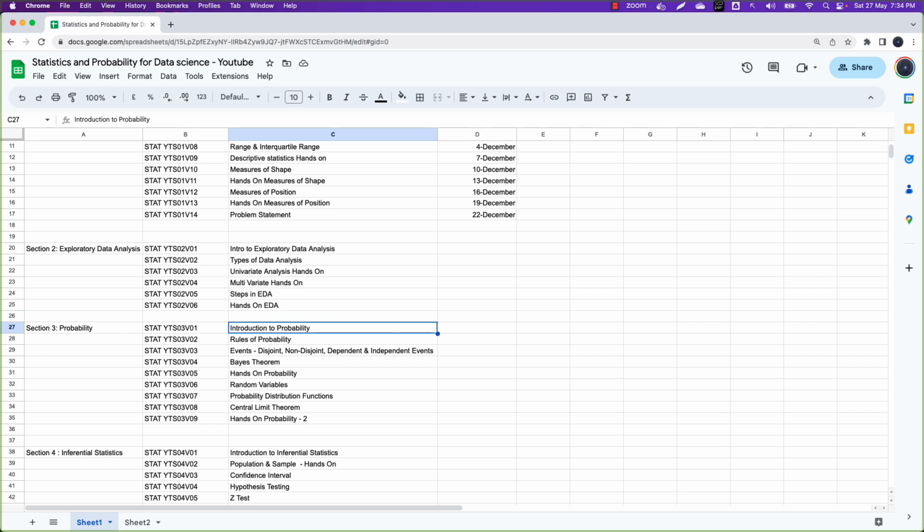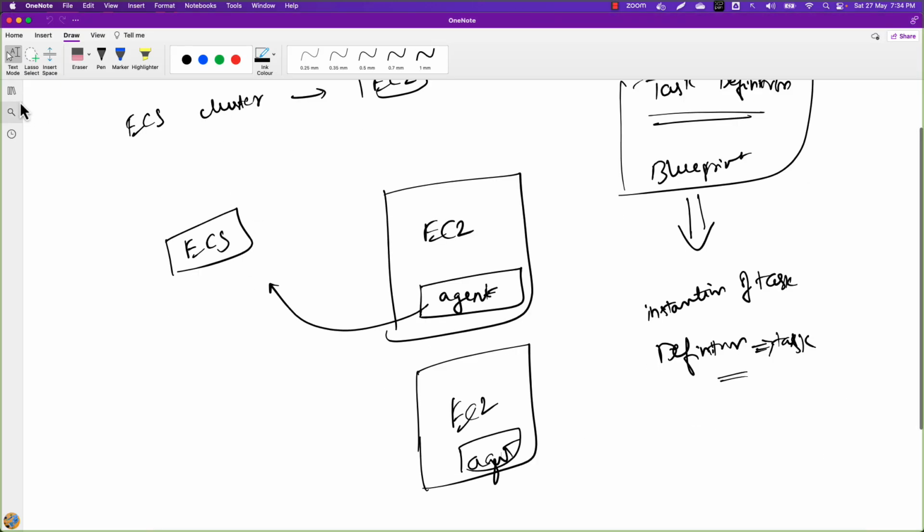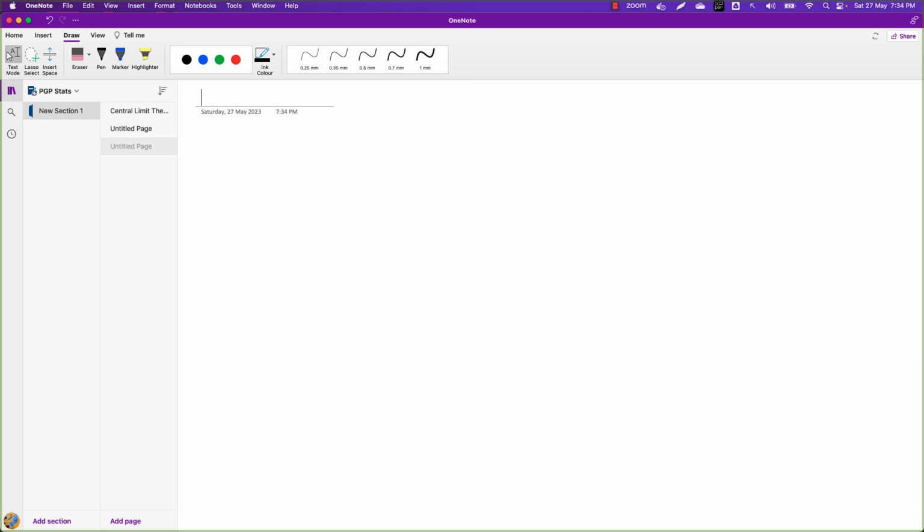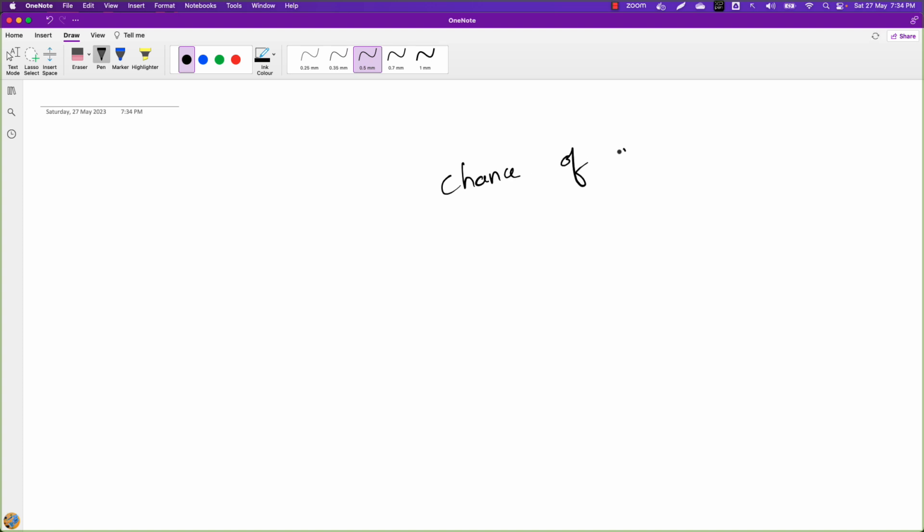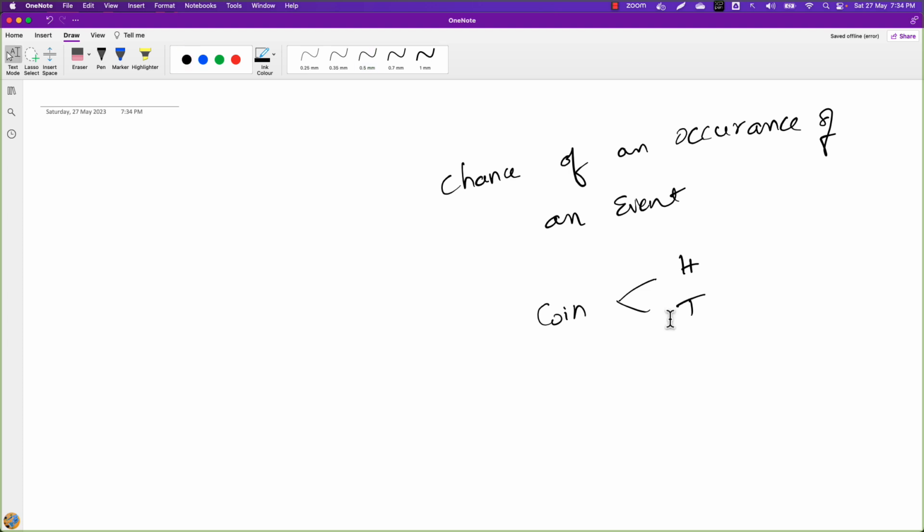So let's get started. Let us start by defining what exactly probability is. Probability is nothing but the chance of an occurrence of an event. Imagine a scenario: you have a coin, and this coin has two faces, heads and tail. When you toss a coin, you cannot be sure whether you'll get a head or a tail.